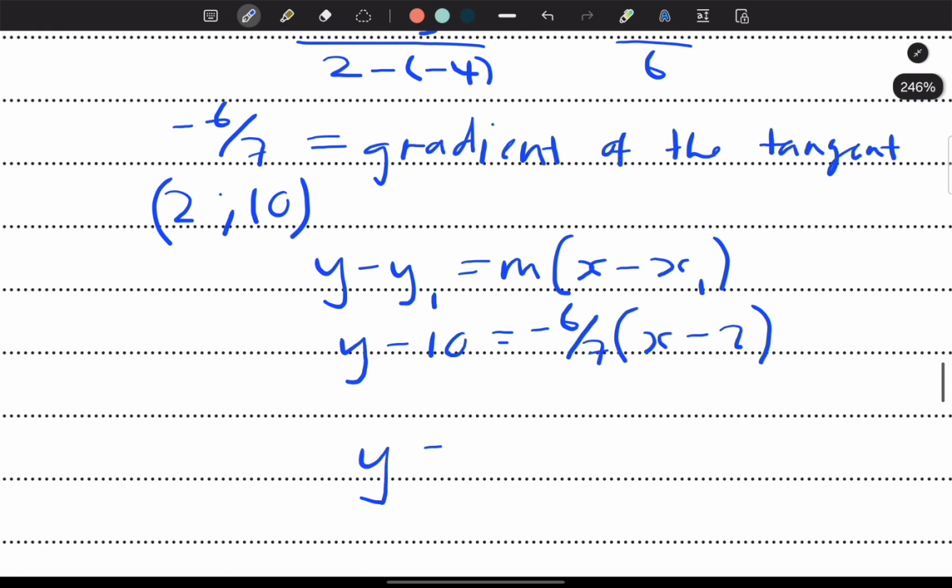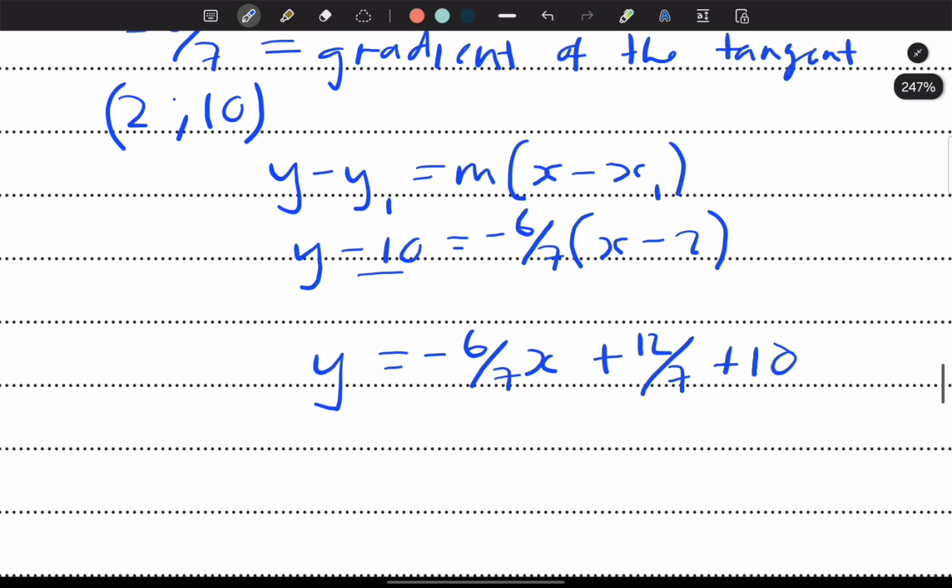So it will be y equals minus 6 over 7 x plus 12 over 7 plus 10. And if we punch in 12 over 7 plus 10, we get 82 over 7.